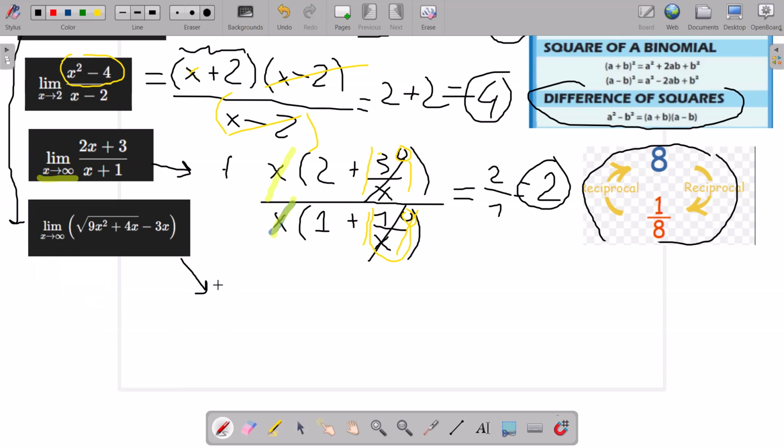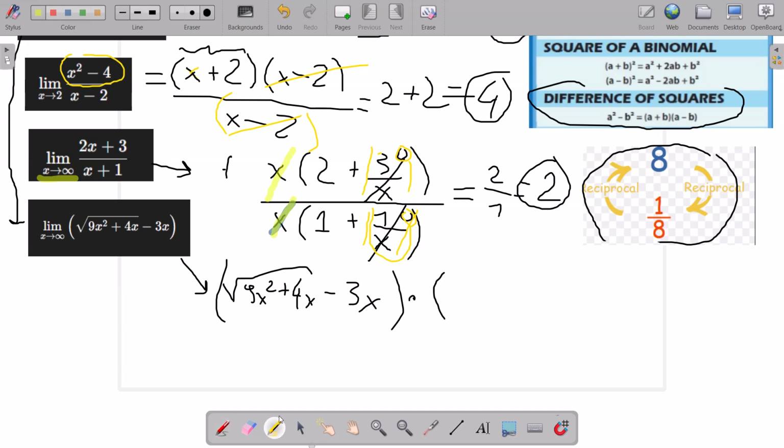So let's just write it here. Again, x approaches infinity, so it's going to be the limit of the square root of 9x squared plus 4x minus 3x. Right, so we need to multiply by the conjugate.